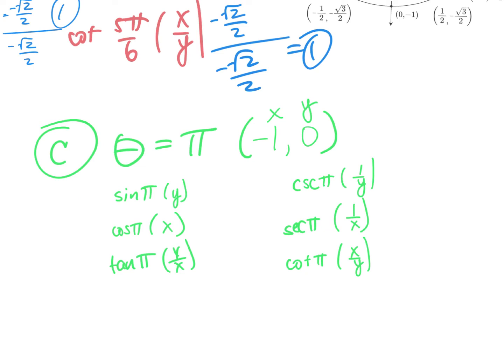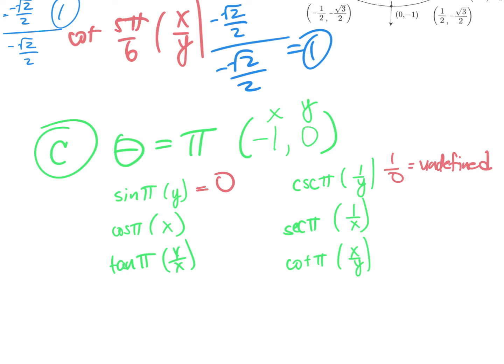What is the y value of this ordered pair? Tell me. 0. So if I'm going to find the cosecant, it's 1 over y. It's 1 over 0. What is my answer here? Undefined. Thank you. Undefined. 0 in the denominator is no bueno. It's not 1 over 0, guys.